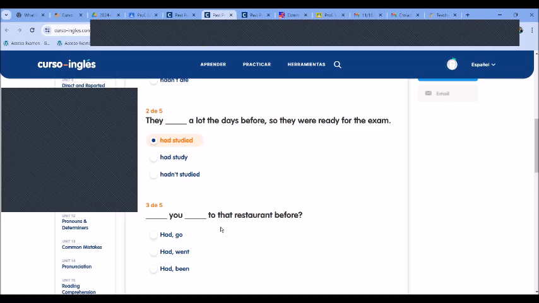Had you go to that restaurant before? Okay. What do we need for our verbs? When it is a question, is the verb in simple form? Okay, be careful.